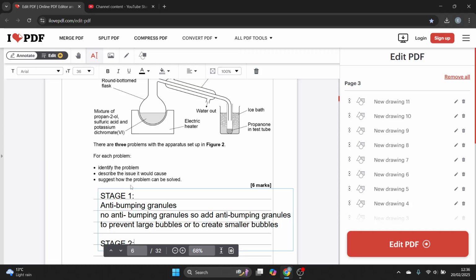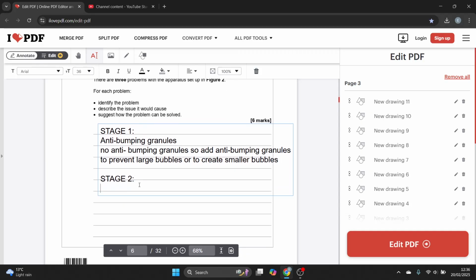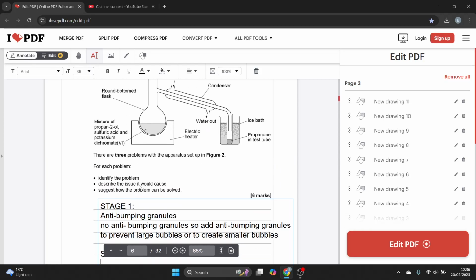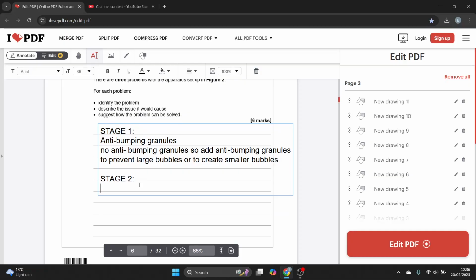Problem 2: no thermometer, and it is an open system.